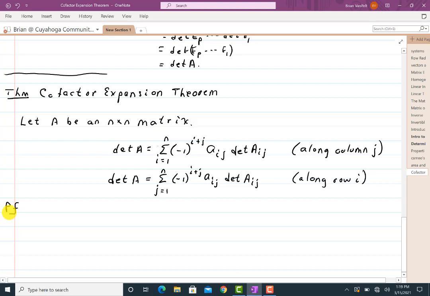Now remember, my definition is along column 1. So in the proof, we're going to appeal to that.